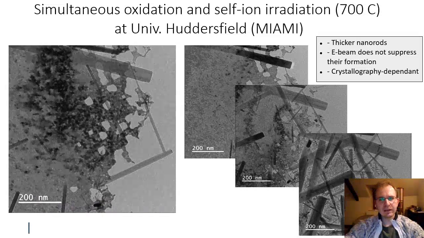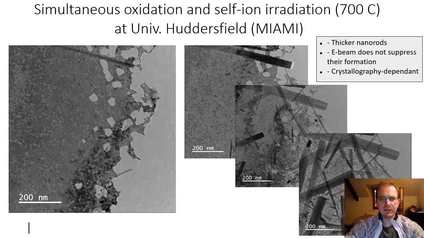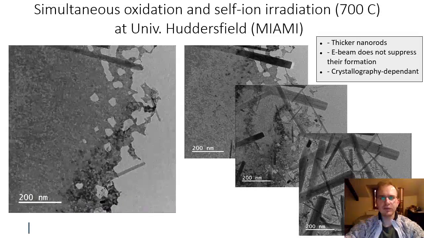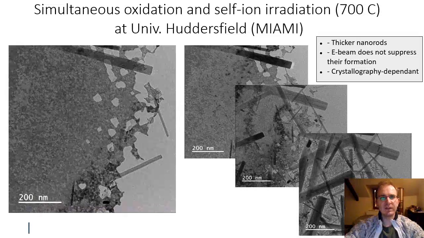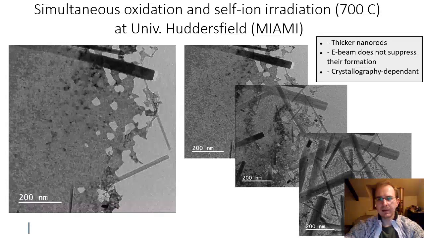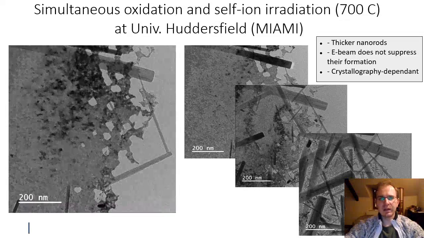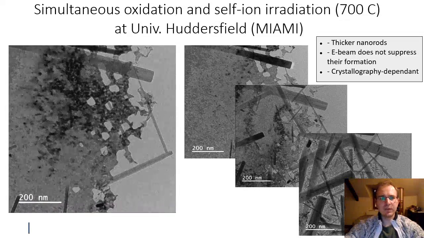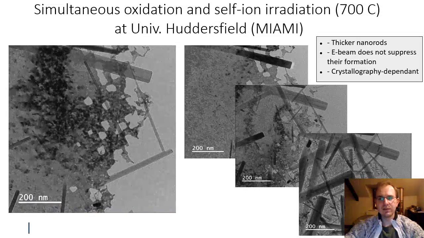It's actually seen that the nanorods have resemblance to the monoclinic tungsten oxide phase. So this can be either the tungsten trioxide or maybe the tungsten dioxide. It should also be noted that the electron beam seems to disrupt the formation of this type of nanostructure.